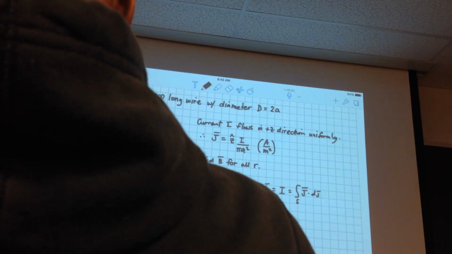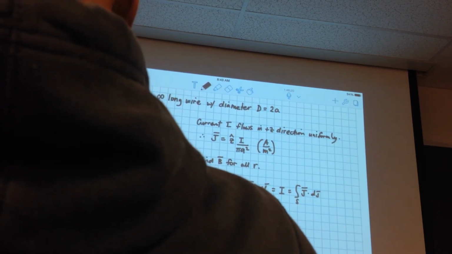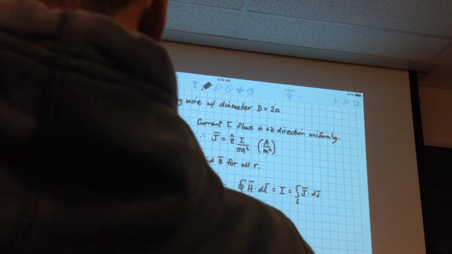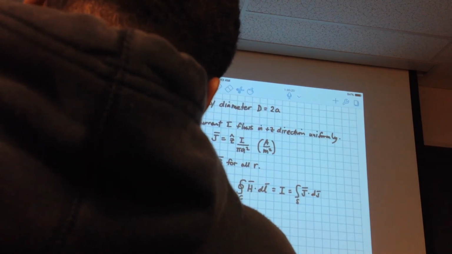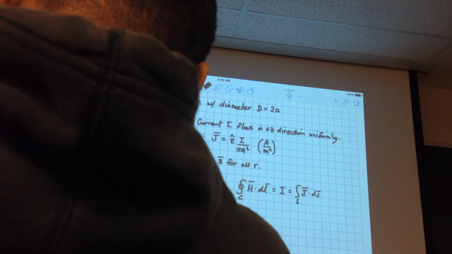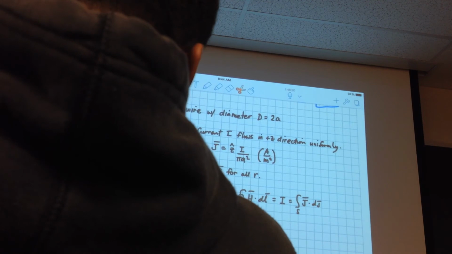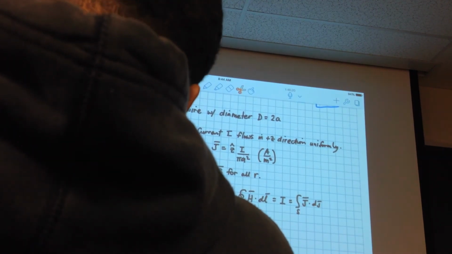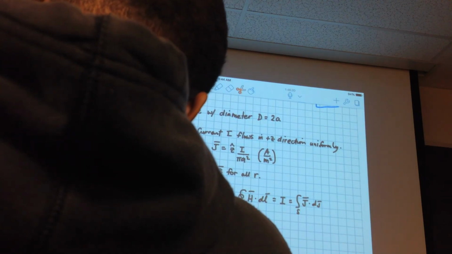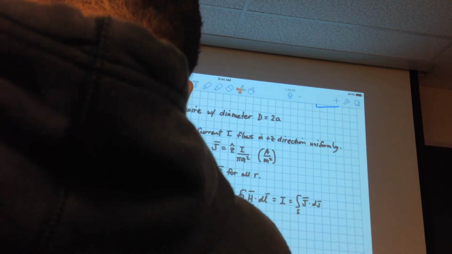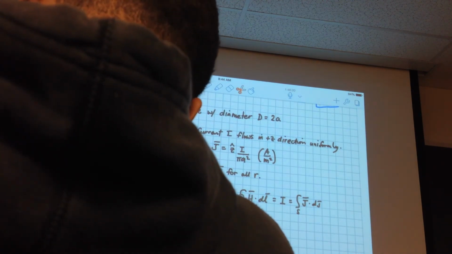Should you have r squared, like I over pi r squared? Is the current density changing? The current density is not changing. Yeah, the current density is a constant. Since the current is uniform over that cross-section, the current density is constant anywhere you are inside of that wire.